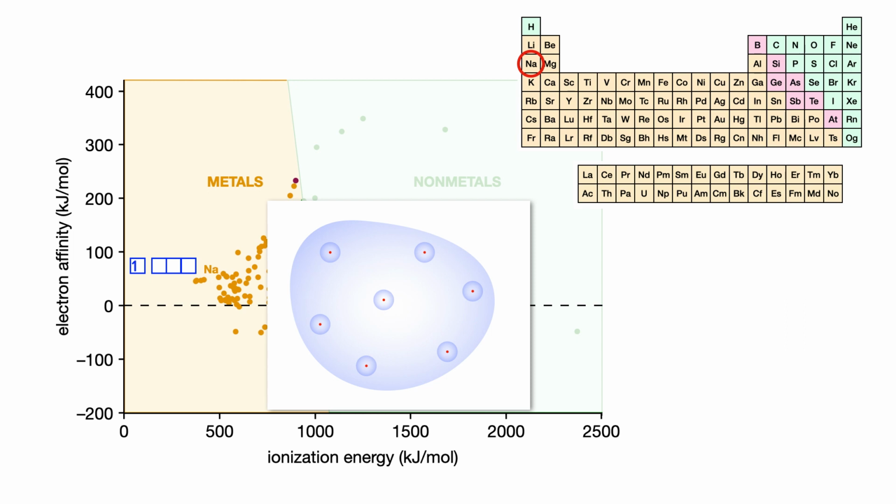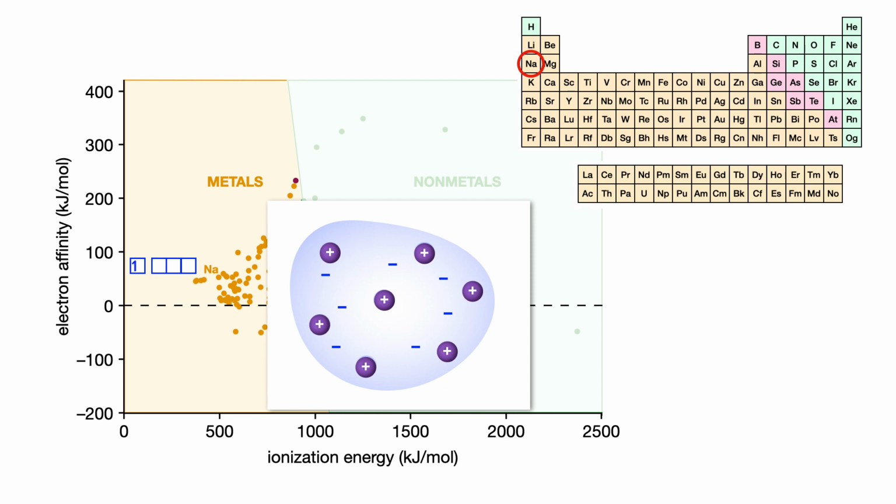And so the effect is that you've got the core of the sodium atom, which has a net charge of +1, and then you've got the valence electrons kind of floating around, being attracted to all of those atomic cores. And so the electrons are sort of acting like a glue that holds the set of atomic cores together.